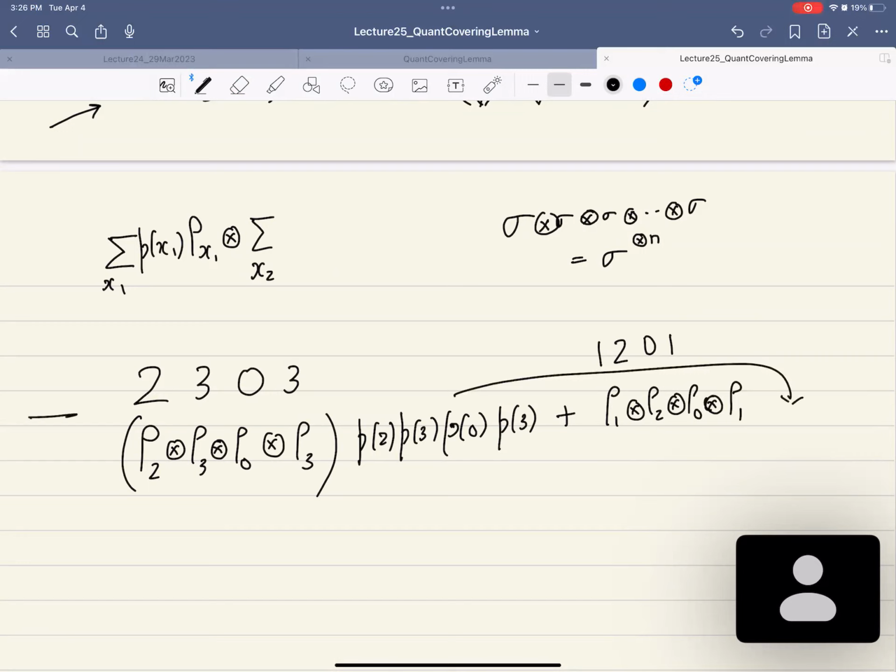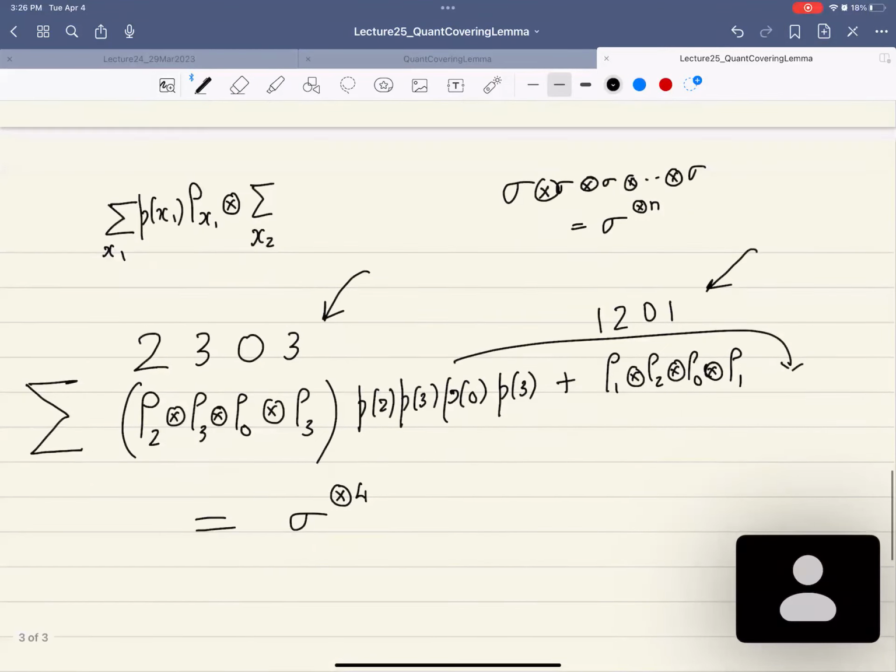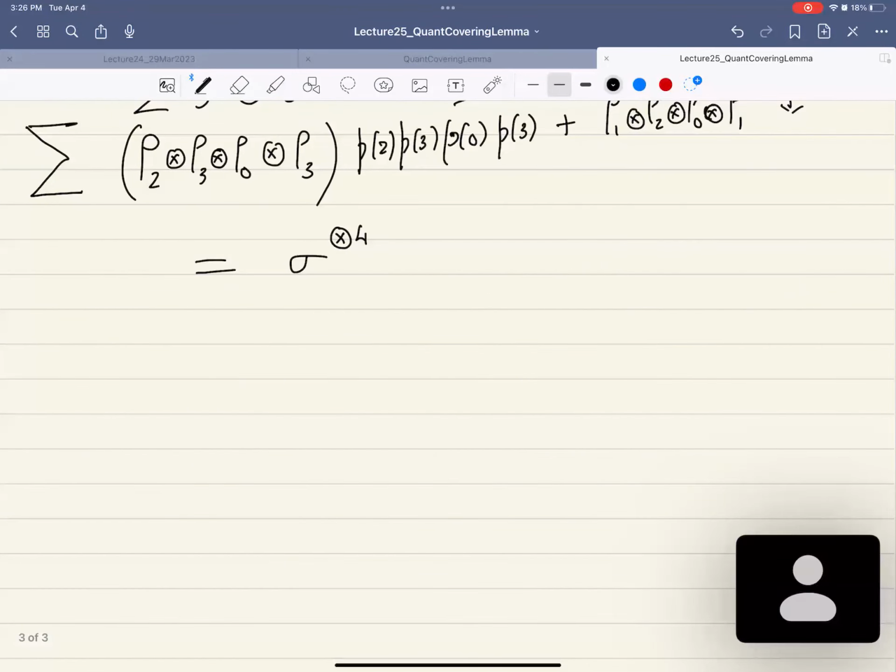Then you will do a summation, because these are all the possibilities that Alice could have seen in the 4 realizations. If I do the math, this will turn out to be sigma tensor 4. That's all.